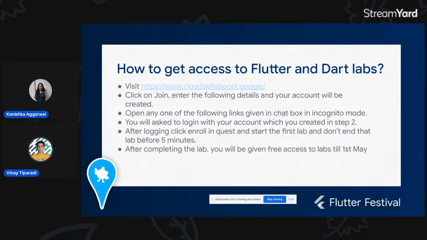In last week's session we already discussed how to get access to the Flutter and Dart labs provided by Google. Google made a platform, Google Cloud Skill Boost, where we can perform Flutter and Dart labs and learn Flutter and Dart easily. Most of you have already got the access.